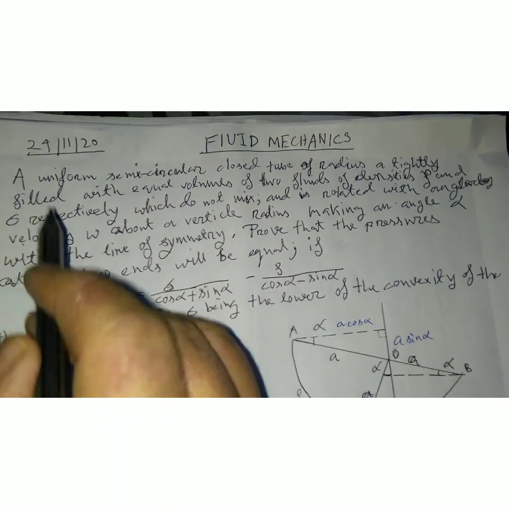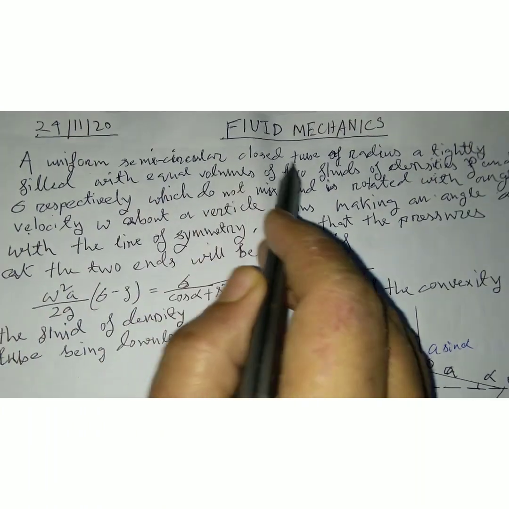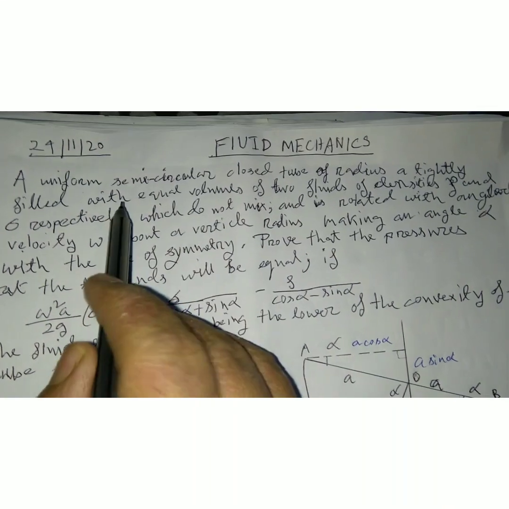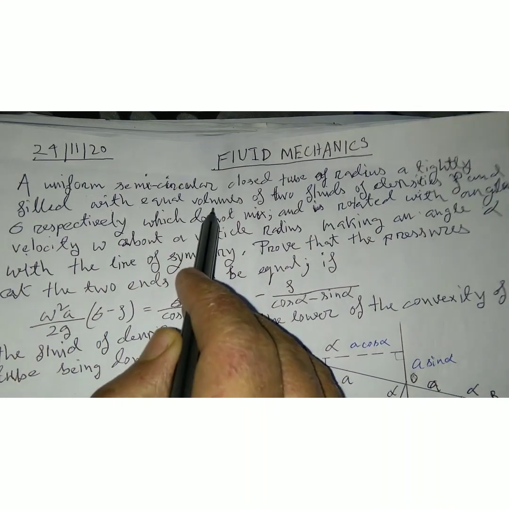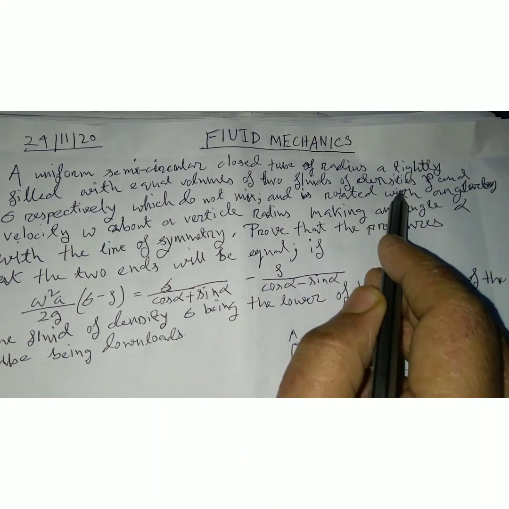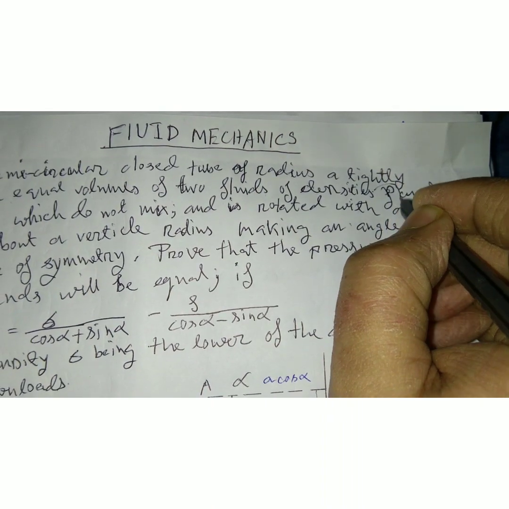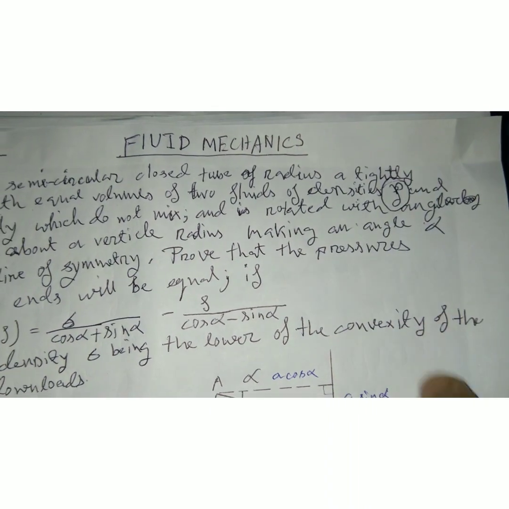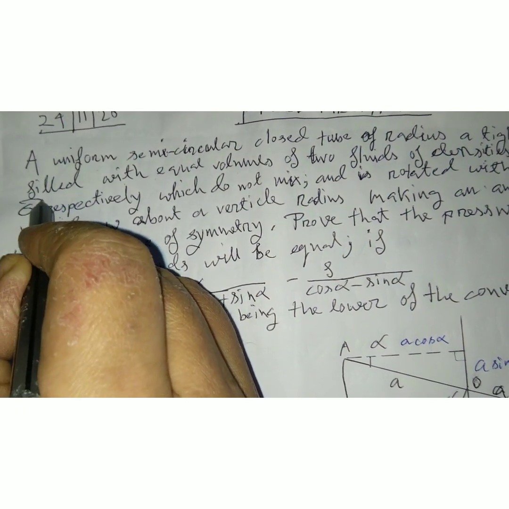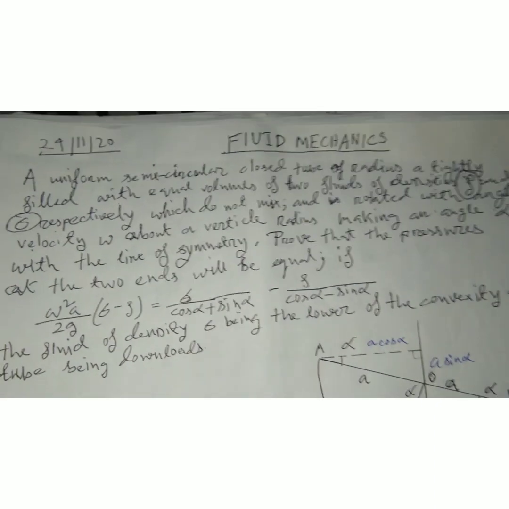A uniform semicircular closed tube of radius a, tightly filled with equal volumes of two fluids of densities rho, I mark it, this is the rho, and sigma respectively, which do not mix.